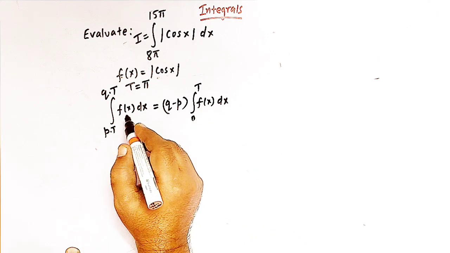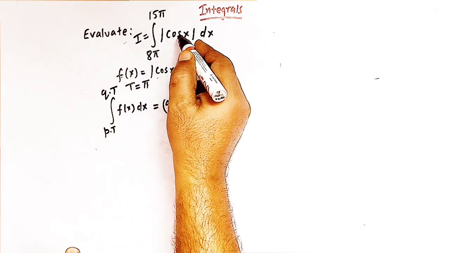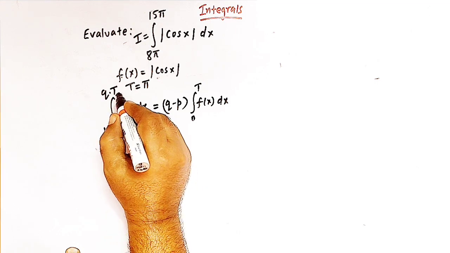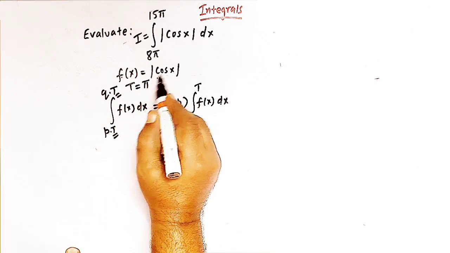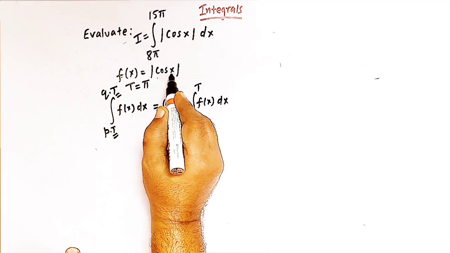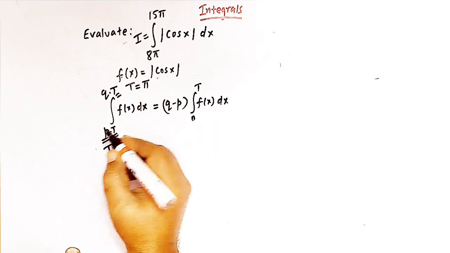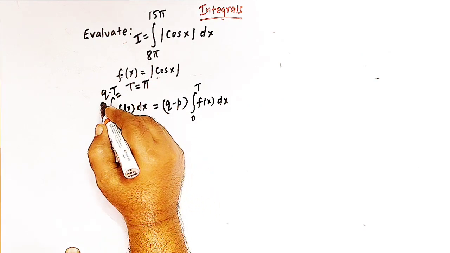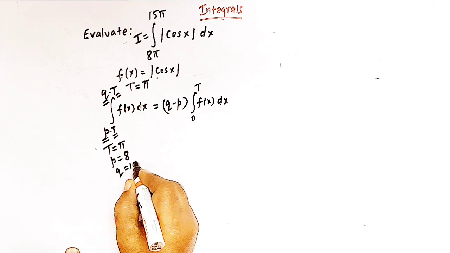So now if we compare this integral with this one, then we can see that t is the period of this function f of x, that is mod of cos x, right? So the value of t is pi, and here the value of p is 8, and the value of q is 15, right?